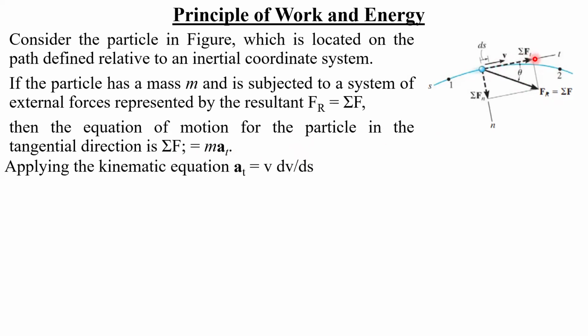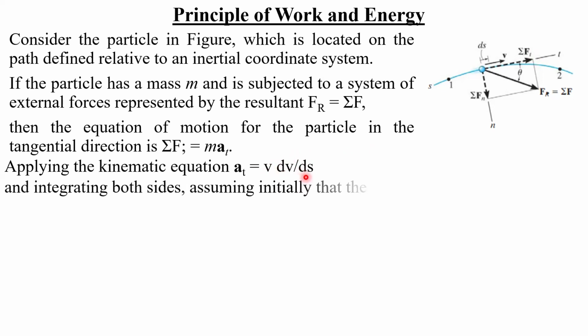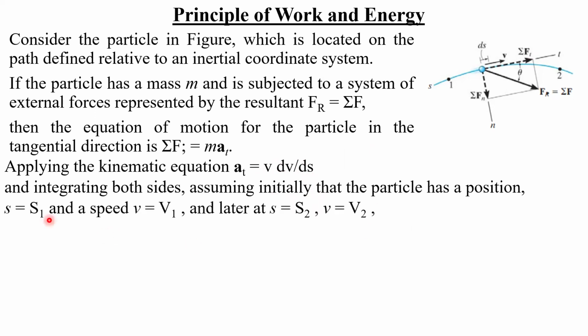So applying the kinematic equation, a_t equals v dv over ds, and integrating both sides, assuming initially that the particle has a position s equal to s1 and speed v equal to v1, and at position s equal to s2, then v is equal to v2.